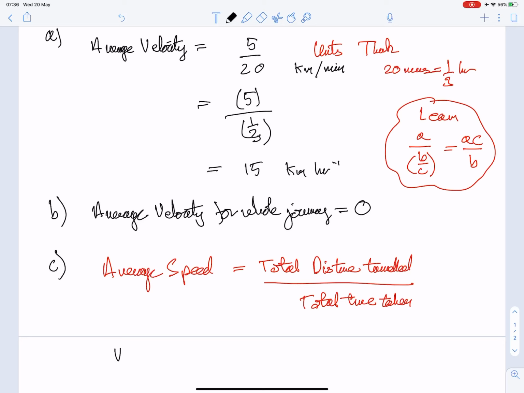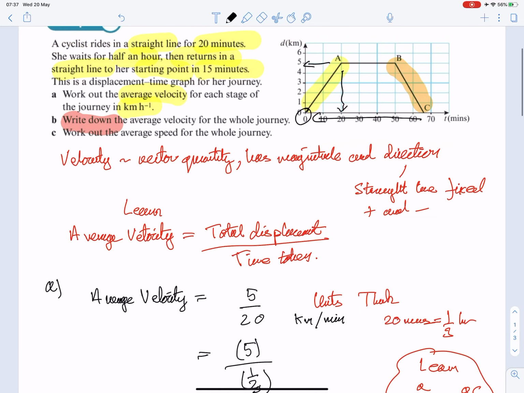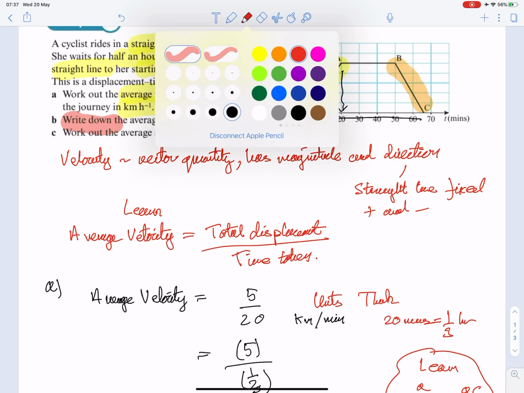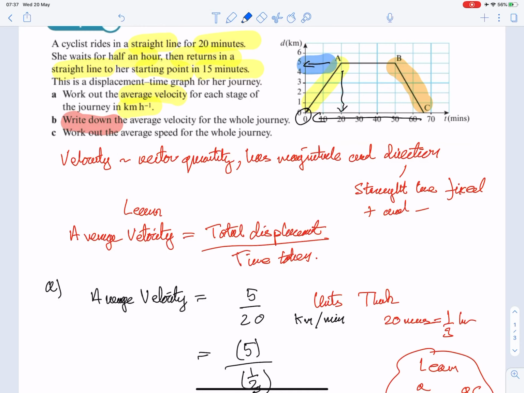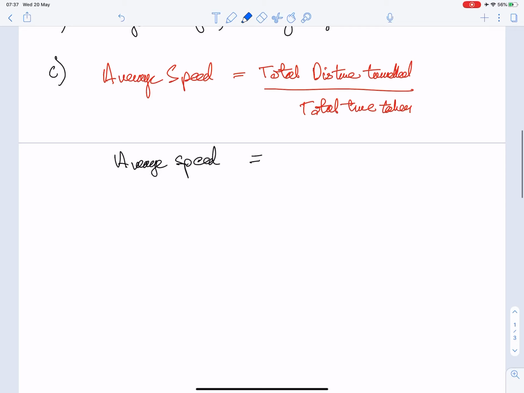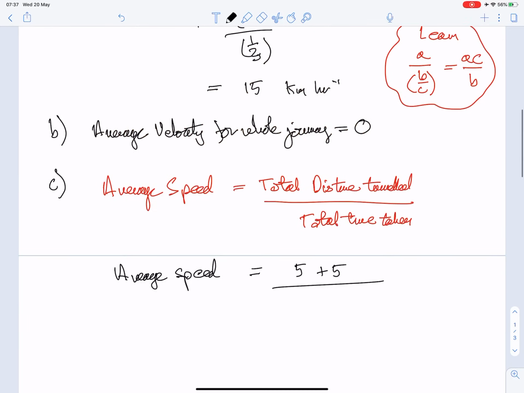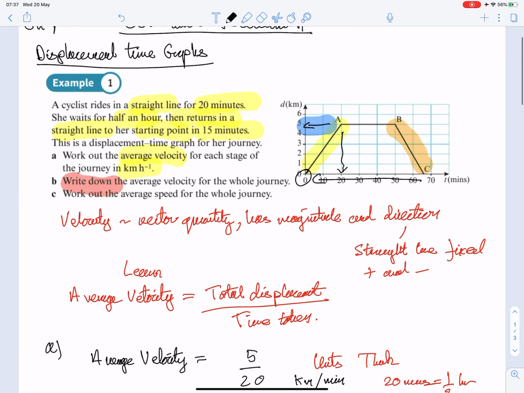So we get average speed is equal to the total distance, which is 5 on the way out. Again we're reading off from here. 5 on the way out and therefore 5 on the way back. So it's a total distance of 5 plus 5 over the total time.